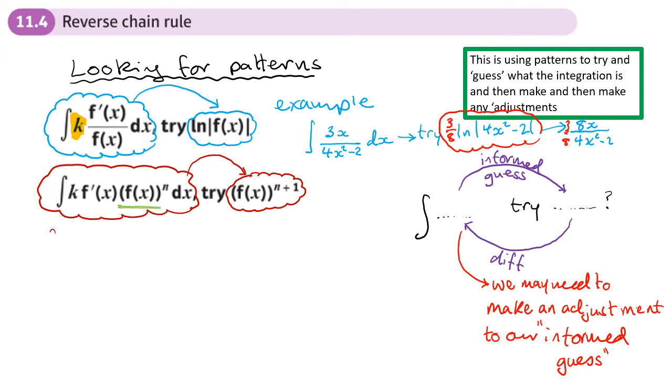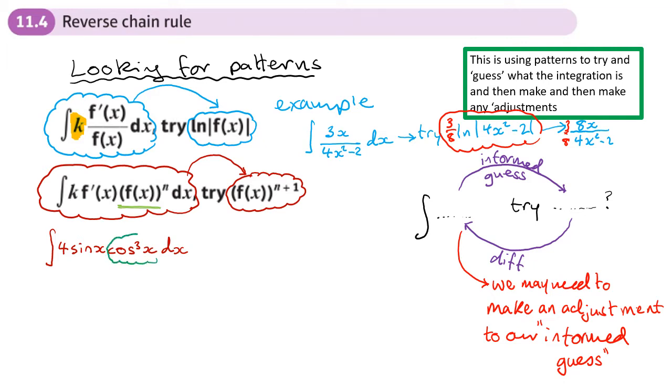So let's say, for example, I wanted to integrate something like 4 sine x cos cubed x dx. So it fits that pattern, what I've got in this part.